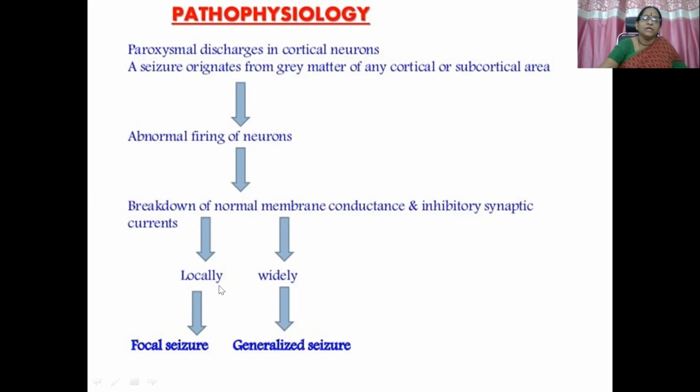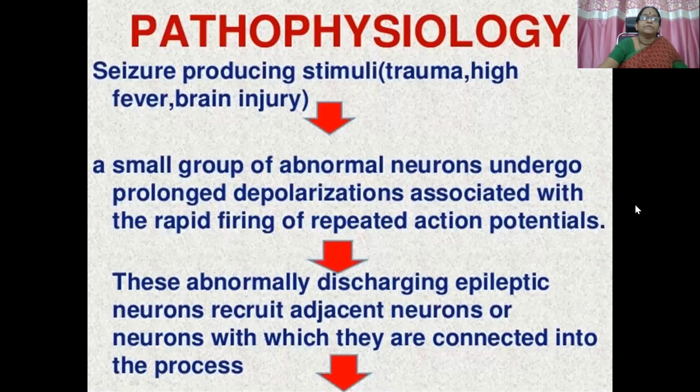If it is local, then it can be called focal seizures. If it is spreading throughout the brain and evolving, giving rise to manifestations of seizures in all parts of the body, then it may be named generalized seizure. Seizure-producing stimuli are trauma, high fever, brain injury.